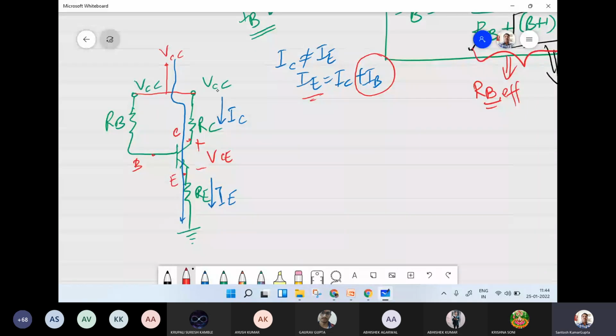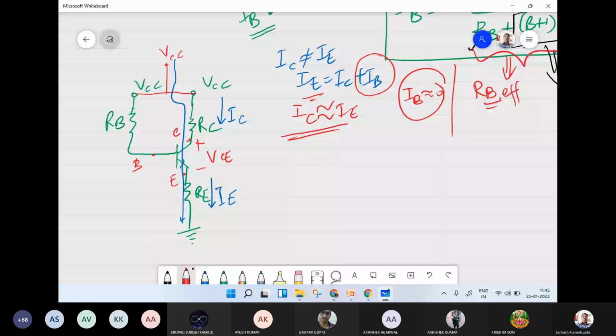But most of the time, people assume that IB is very small. Because IB is very small, IC is sometimes taken equal to IE. So this is a simplification, but for exact value calculations, we have to keep it.